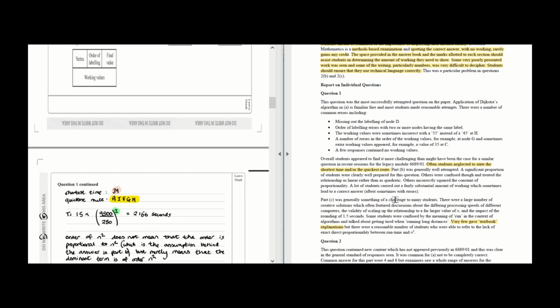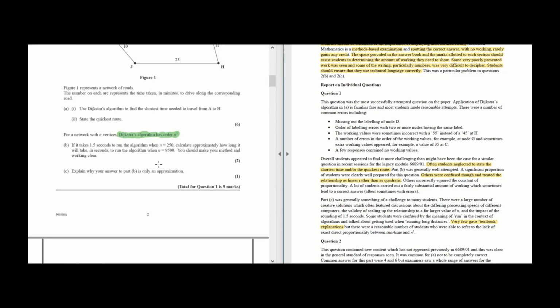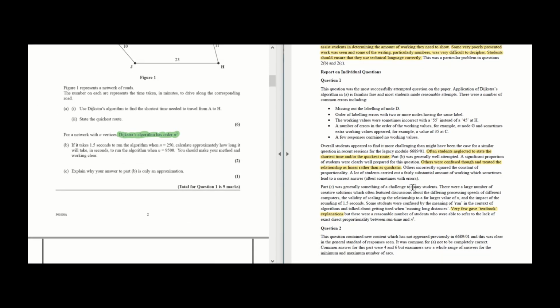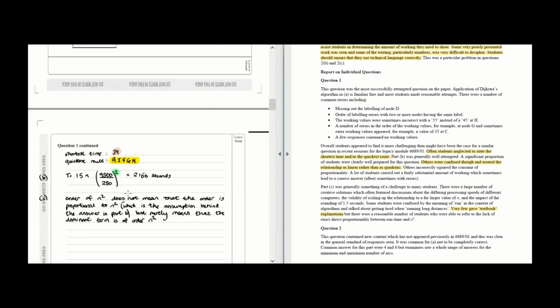Some of the errors over here were that students were confused and treated this as a linear relationship rather than a quadratic. I mean, we're told in the question somewhere that we have something of order n squared. And other errors included incorrectly squaring the constant of proportionality. And that's the 1.5 over here. You square this scale factor.